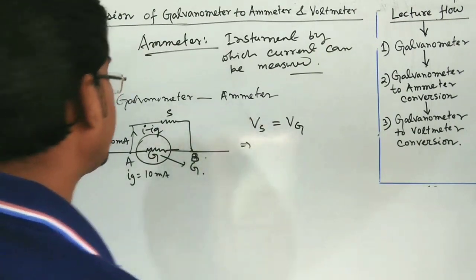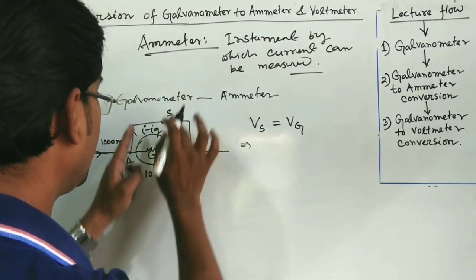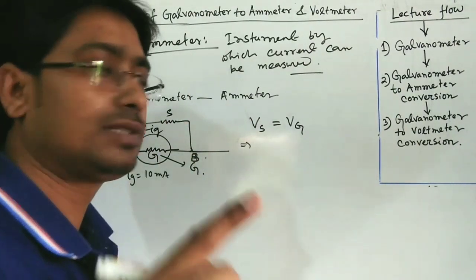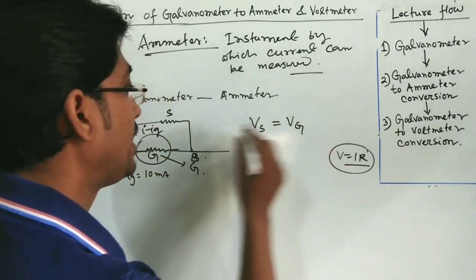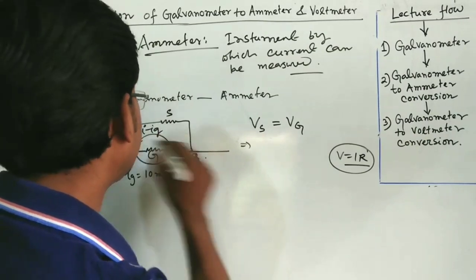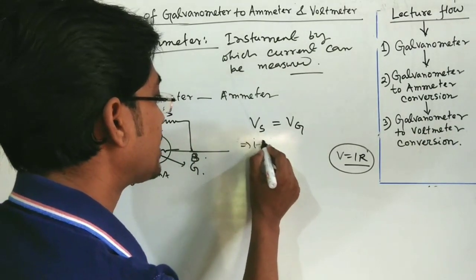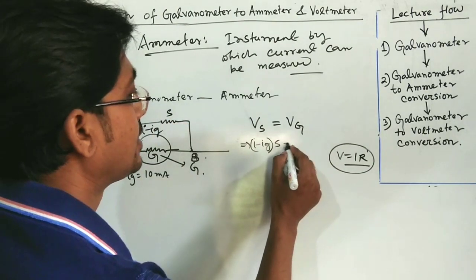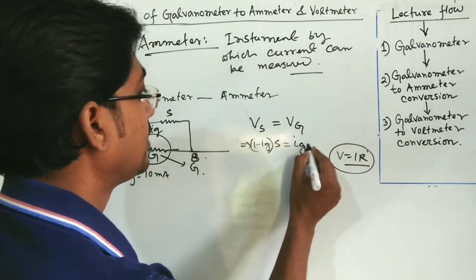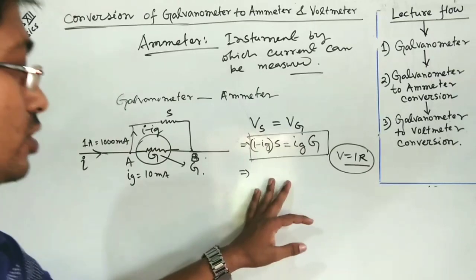So what is Vs? We know voltage V is equal to IR, according to Ohm's law. We are applying the formula here. So Vs is (I minus Ig) into S, the small resistance. Now it is Ig into G. This is the equation.